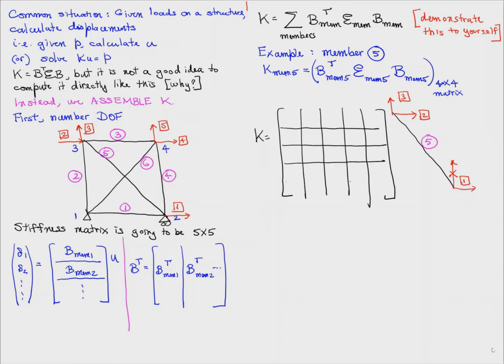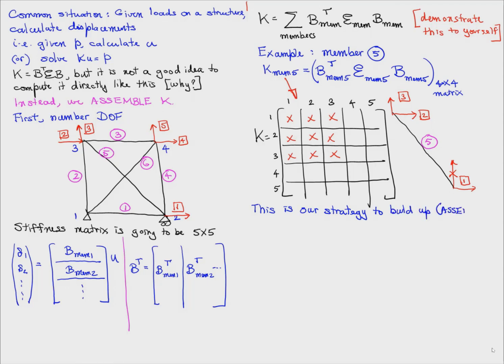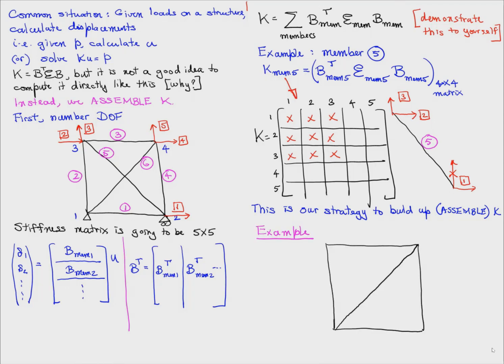So because it's connected to degrees of freedom 1, 2, and 3, its stiffness matrix will take the block 1, 2, 3 by 1, 2, 3 in the structure stiffness matrix. So for each member, we'll compute the member stiffness matrix and then put that block into the structure stiffness matrix like this. And this process is called assembly.